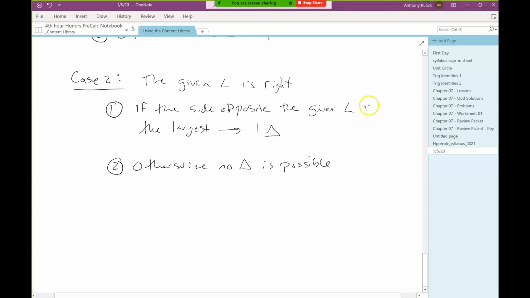All right. So the same idea if we have a right triangle, right? If the given angle is a right angle, the side opposite has to be the biggest, because the side opposite the right angle has to be the hypotenuse. So if that's not the biggest, no triangle is possible.